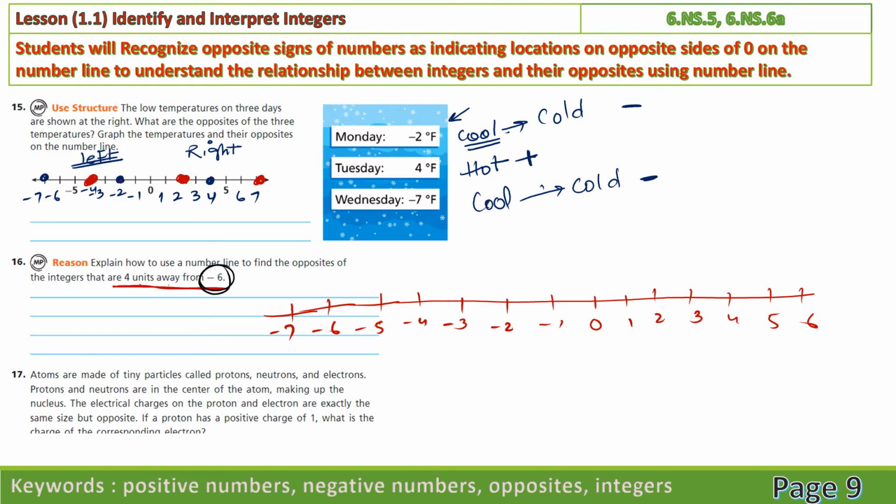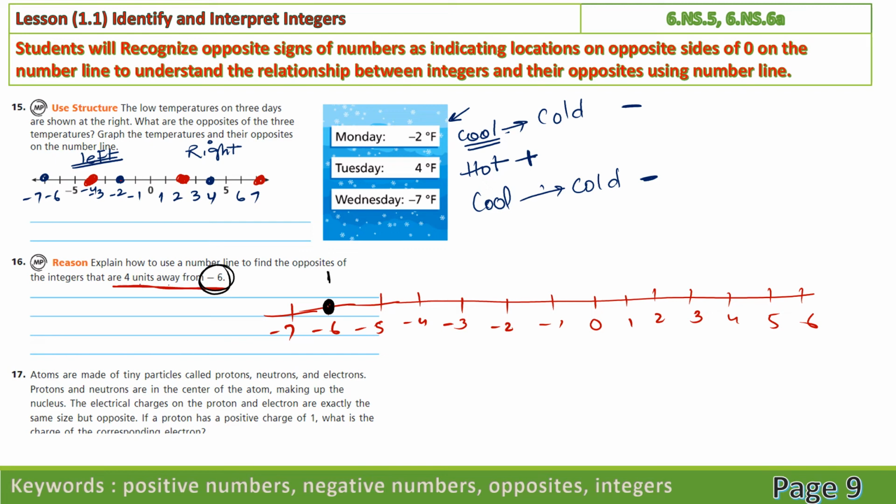So the main task is that you first highlight where -6 is. So -6 is here, right?